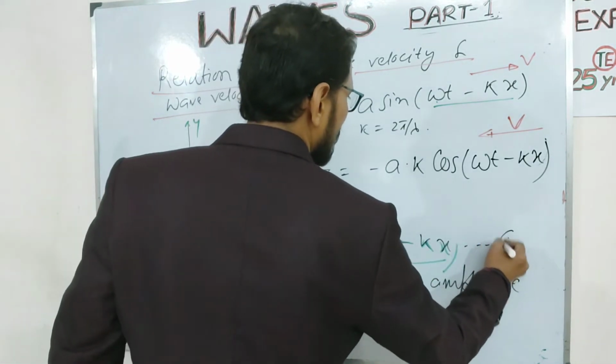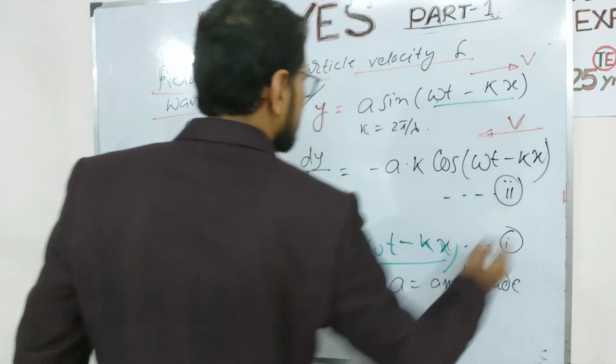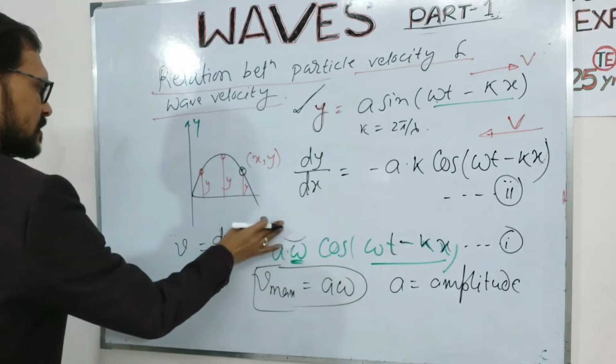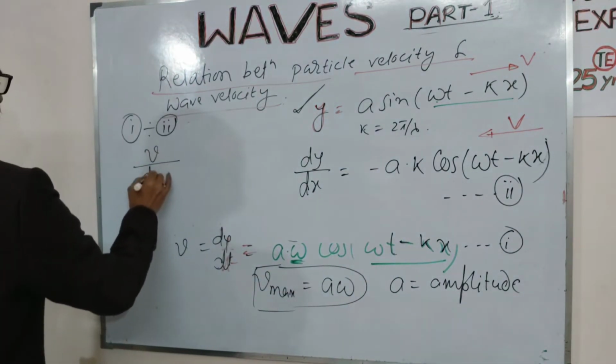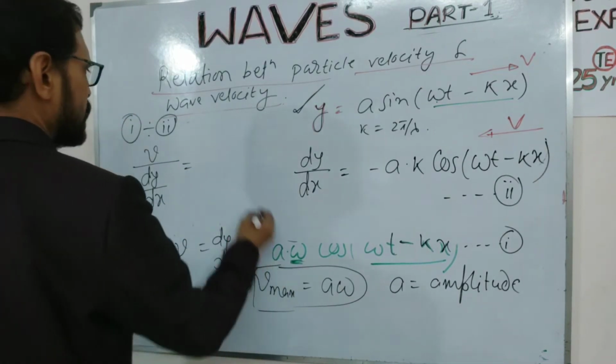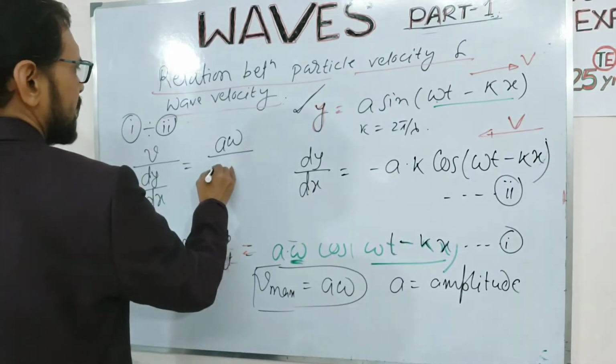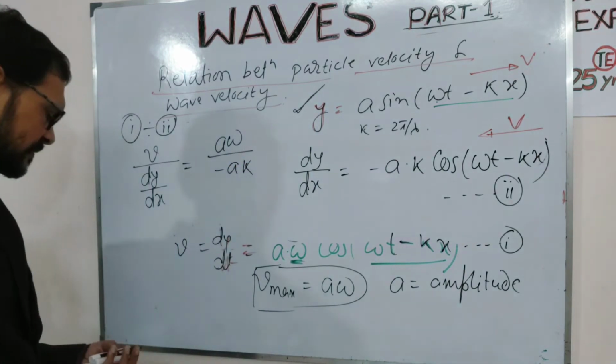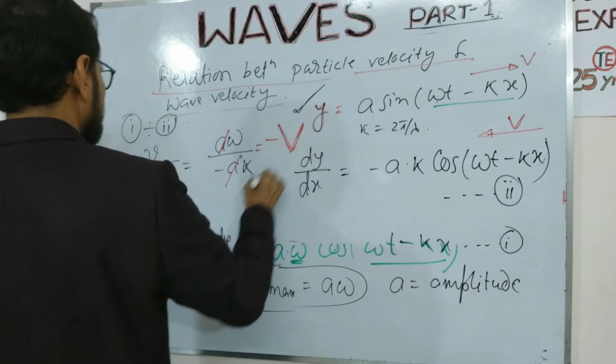This is equation 1 and this is equation 2. If we divide 1 by 2, we get (dy/dt)/(dy/dx) = aω/(−ak). Now this is the velocity of the wave, V.